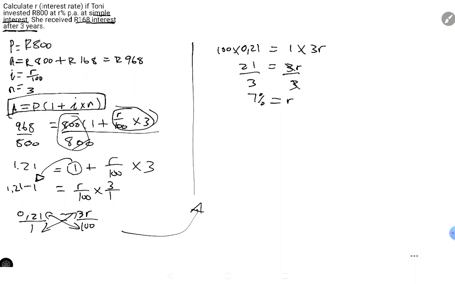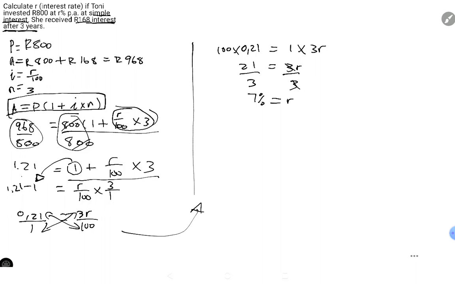And then after it cancels, you don't need to have brackets anymore, because there's basically nothing left outside the brackets, which is actually 1, and 1 multiplied by anything is that thing itself. And so you just bring down what remains in the brackets, and so that's what I have there. 1 plus R over 100 times 3, and then on the other side I already calculated this, and it gave me the 1.21.